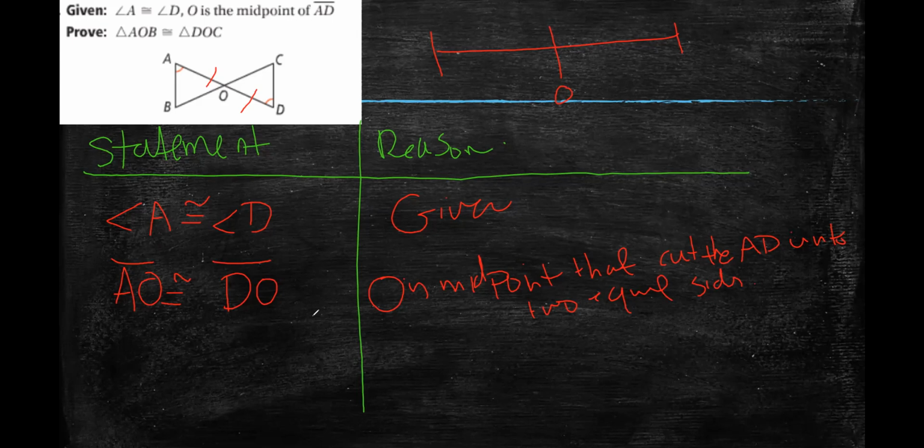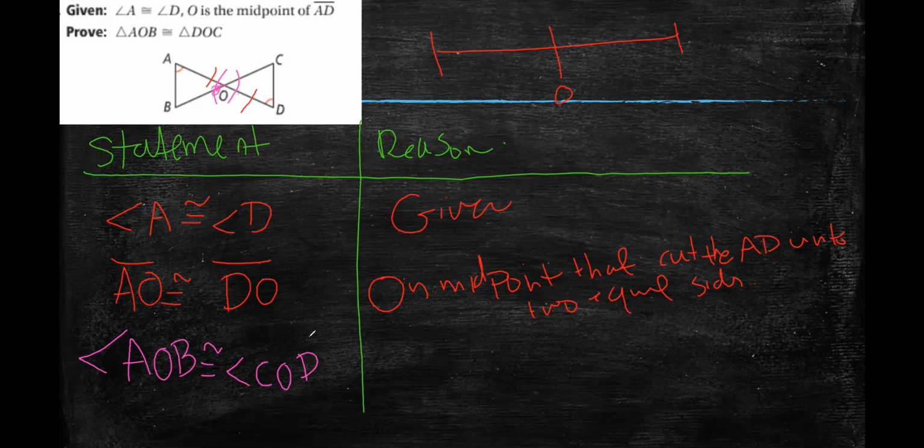So here we have an angle and we have a side. Since we have an angle and a side, I will look at the third one. Look at angle O here. Can I say that angle AOB is congruent with angle COD?